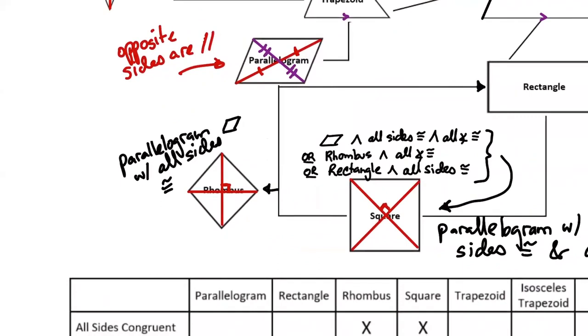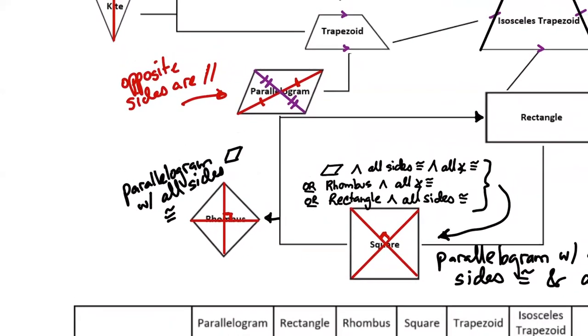Okay. Now, in particular for a rhombus and a square, you got to consider a lot of different things going on here. First off, if they're parallelograms and parallelograms have diagonals that bisect each other, then these two line segments are congruent in length, and these two line segments are congruent in length. Same deal here.